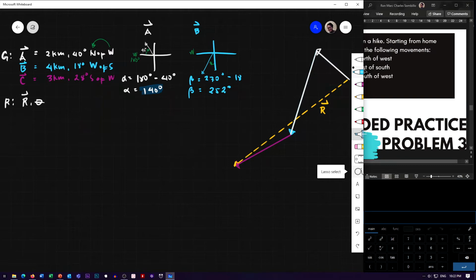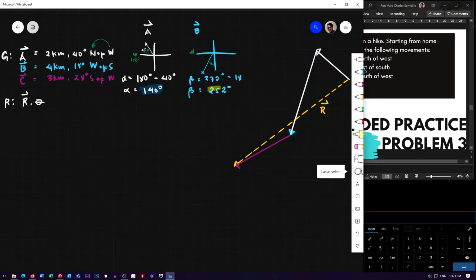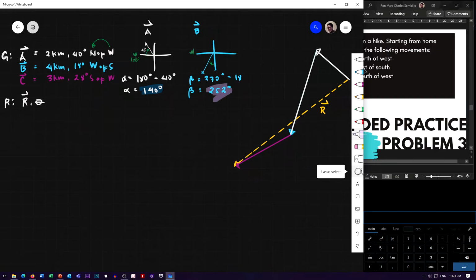So by using this, at least we don't have to utilize the direction in here anymore. Okay, so let's double check.